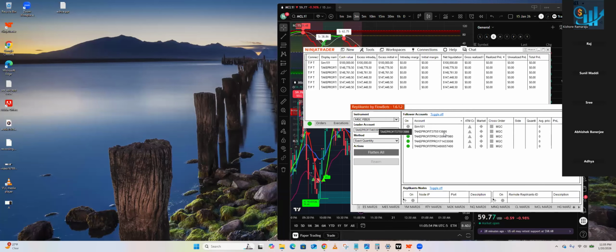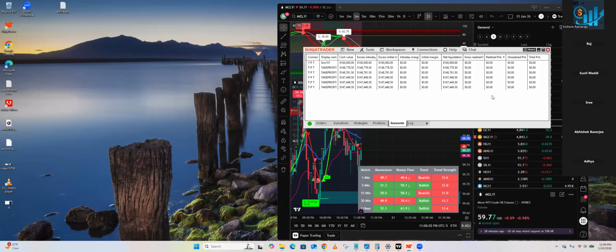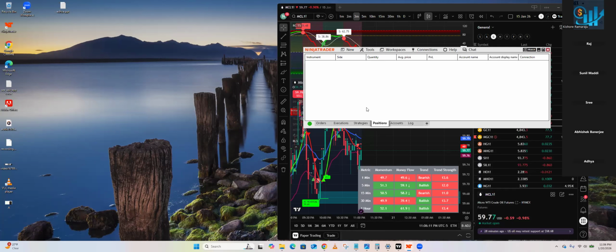Then go to the Ninja Control Center and minimize this Replicanto window. Go to the positions tab, and you will see the positions of different accounts here. Whichever you want to book the profits on, you can right click and manually close that position.